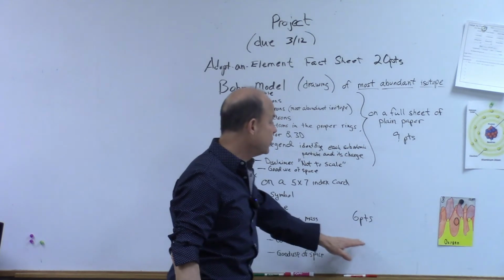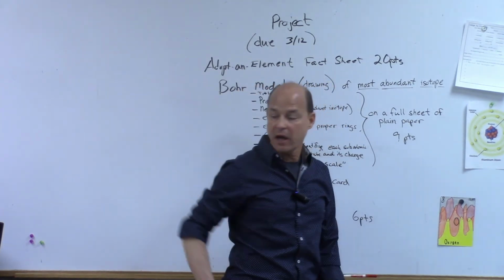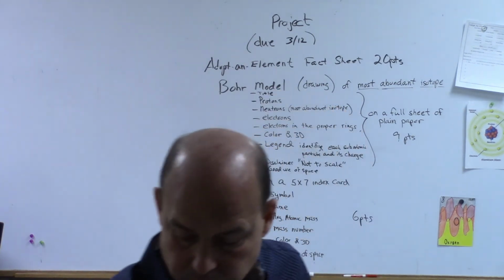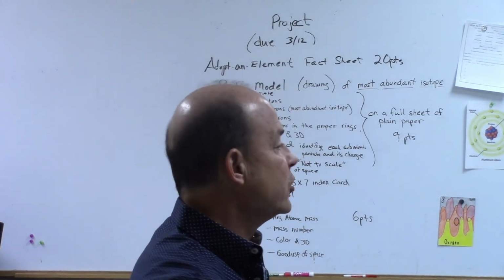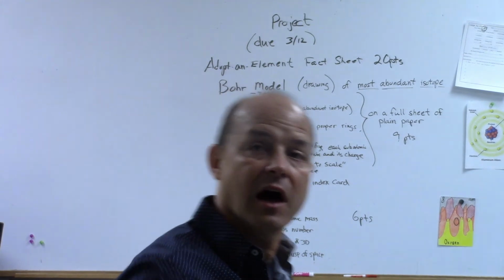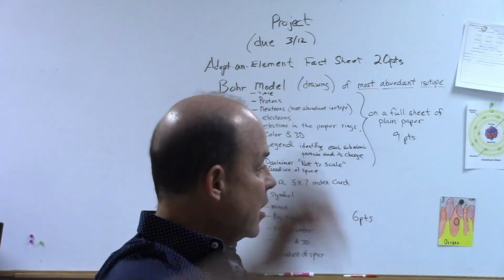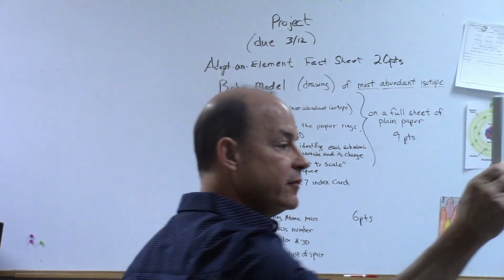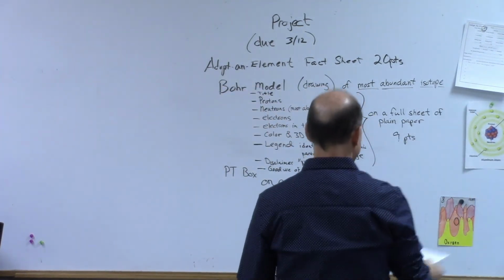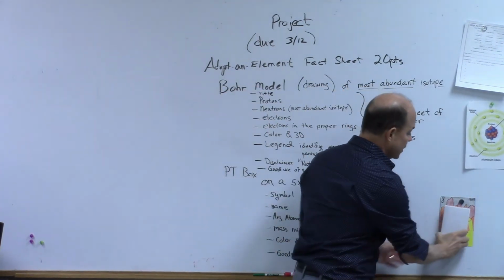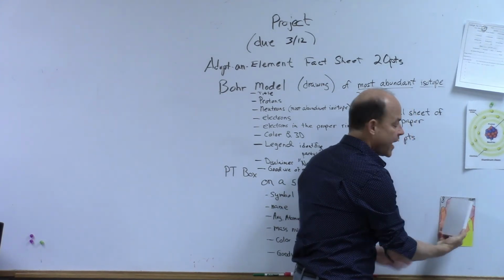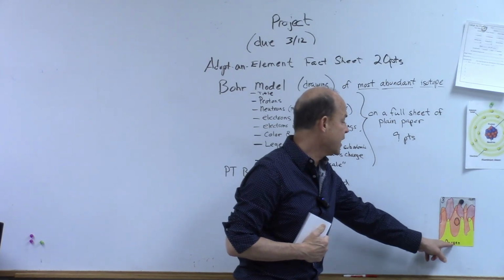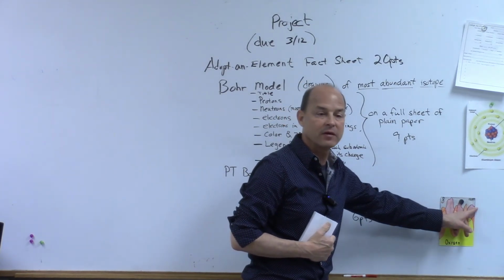And then 6 points, I've got some large index cards for you here. And if you do a good job at this, I'm going to replace that crummy periodic table with a periodic table made of the boxes that you will create. So this is a little oversized. I'll give you the cards for that. And what I want to see is the symbol, the name, the atomic number, and the average atomic mass.